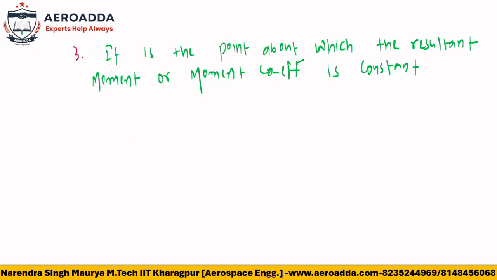What mathematical formulation can you write? The mathematical model for this is nothing but M should be a constant at the aerodynamic center, and in terms of CM, because just now you have seen it derived, CM is nothing but constant.